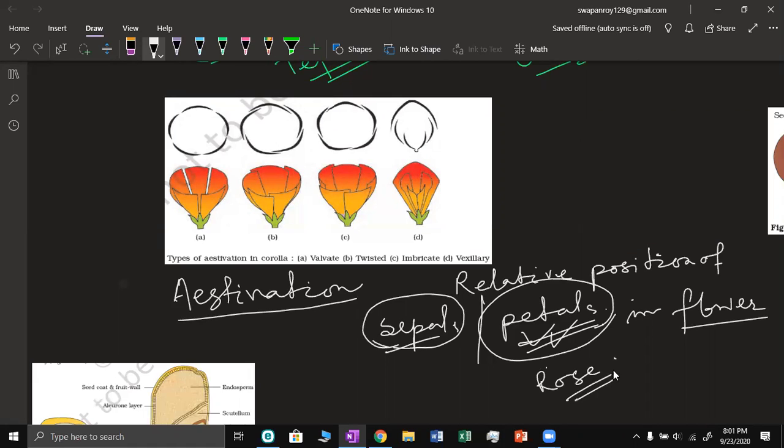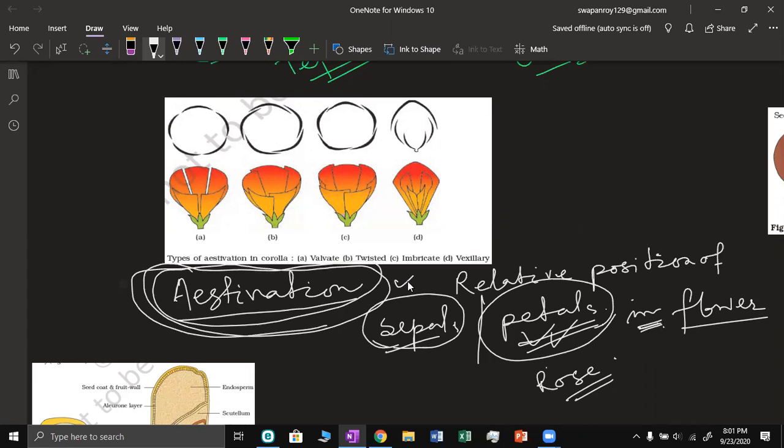These petals are arranged in a particular fashion, and in this arrangement they have a relative position, and this position is described by a term called estivation. This is a very important and unique character of all the flowers.